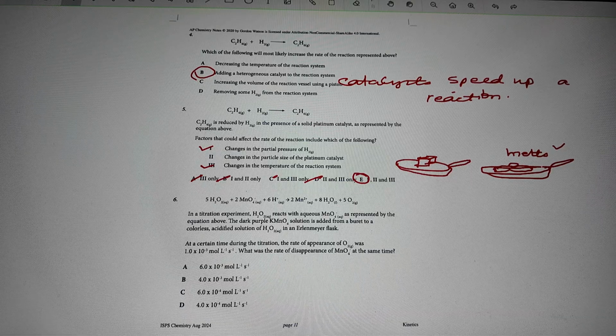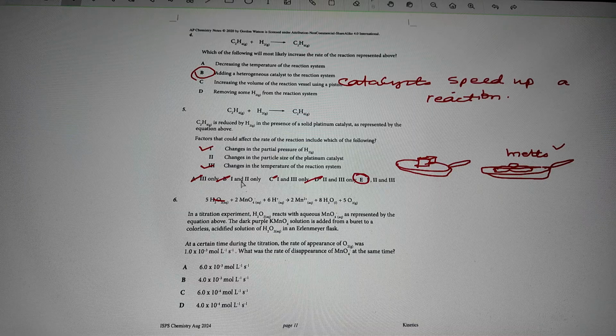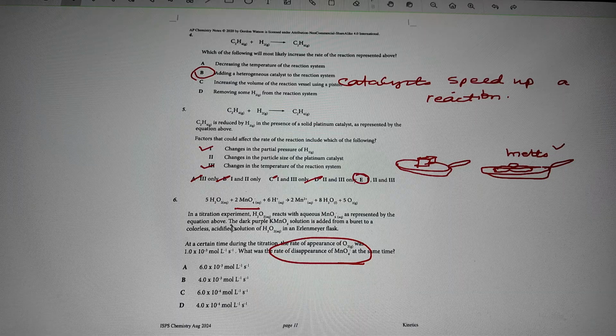So in this equation, here's the ratio, right? For every 2 MnO4, they want to know the disappearance rate of this. So for every 2 that are used here, what do they give us for O2?